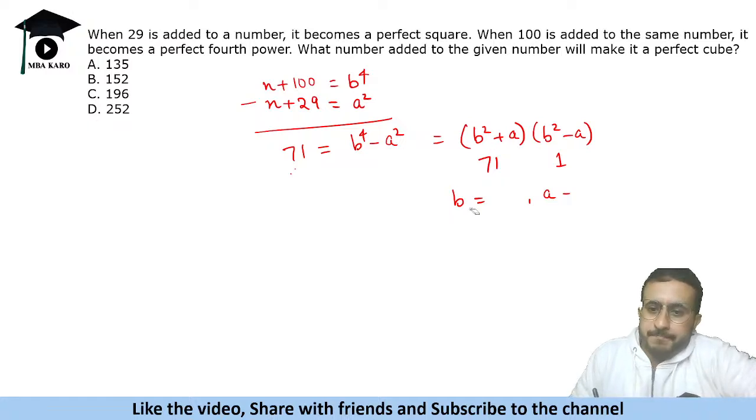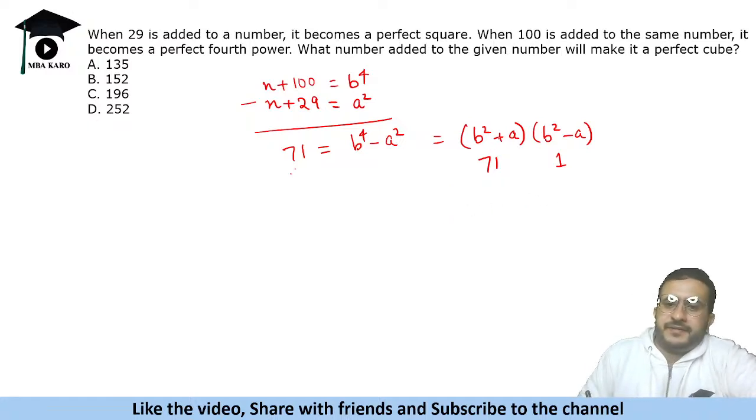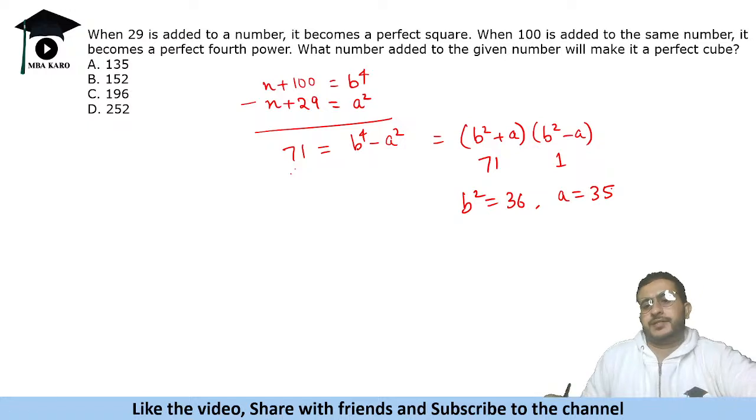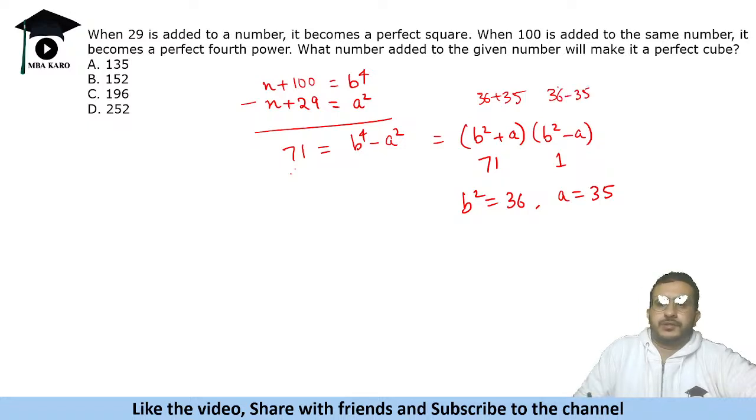Why is it going wrong? 71 and 1, so 36 and 35. So b square is 36, correct. a is 35. Okay, this should come. So b is 6 and a is 35.